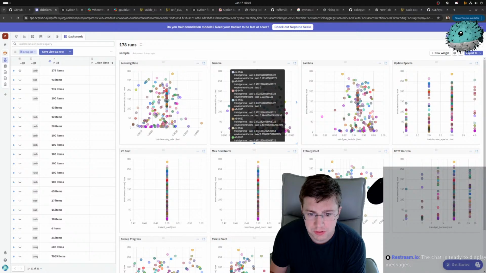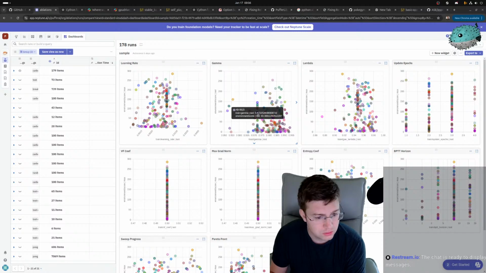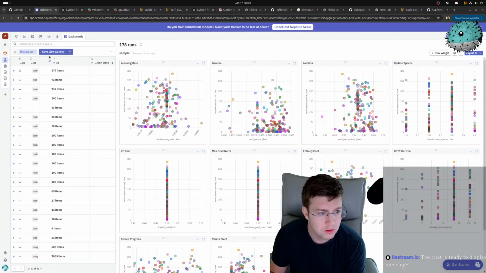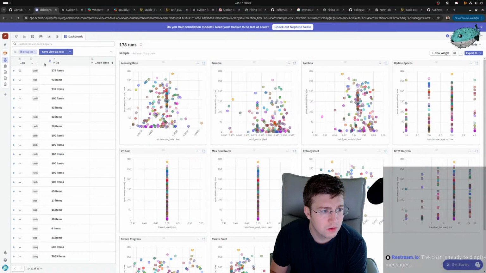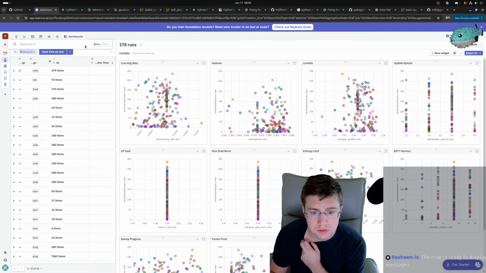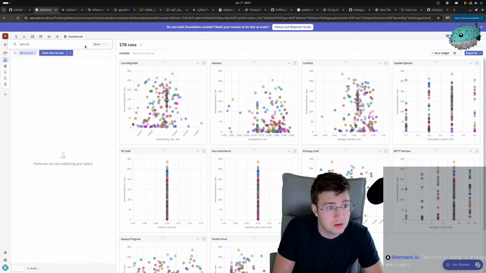Wait, but then they shouldn't be this different in terms of their performance. Let me look at something. Gamma.